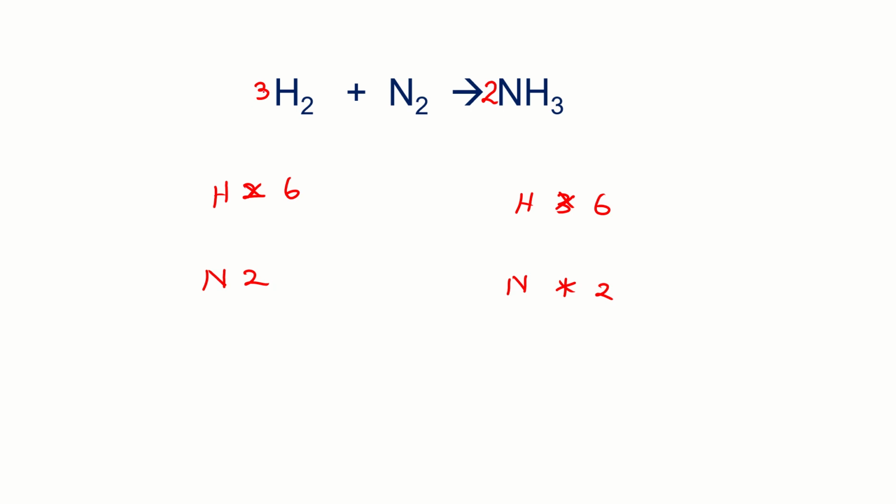It should be 3 for hydrogen. Now check if you have the same number of atoms for each element on both sides. 3 into 2, you have 6 on reactants. 2 into 3, you have 6 hydrogens. 1 into 2, you have 2 nitrogens on reactants. And 2 into 1, you have 2 nitrogens in products. Now this equation is balanced.